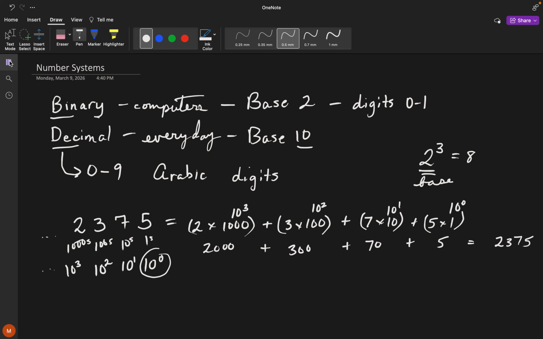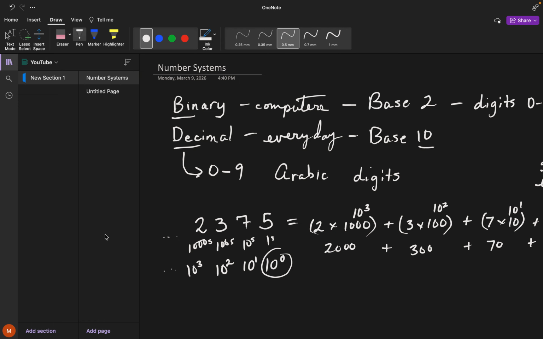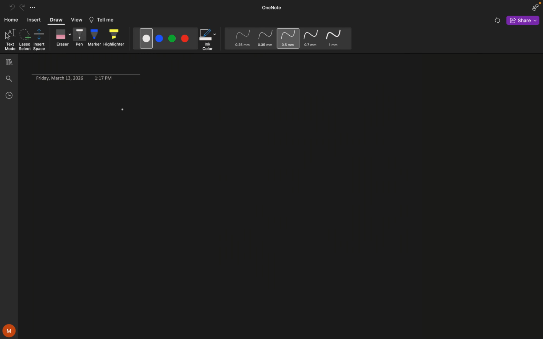So let's go to a new page. This is the binary system, aka base 2, with digits 0 through 1, or just 0 and 1.